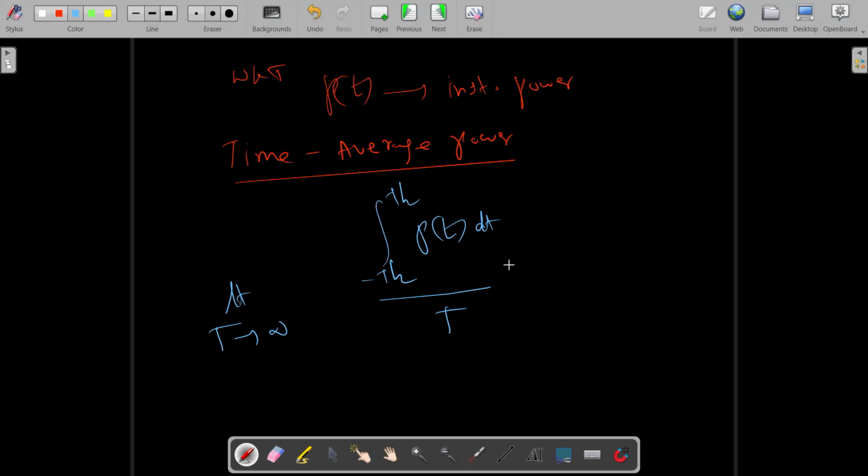This can also be written as the integral from minus T to T of P of t dt divided by 2T, because the total duration here is 2T. So this is the time average power.